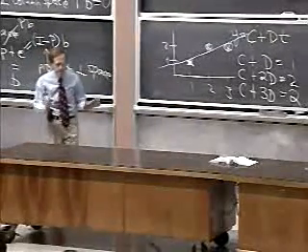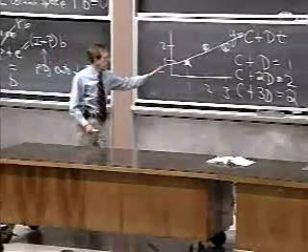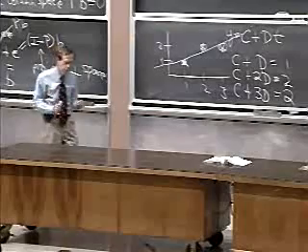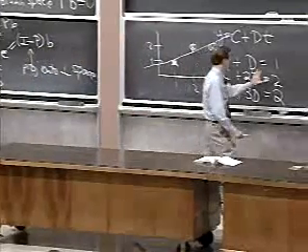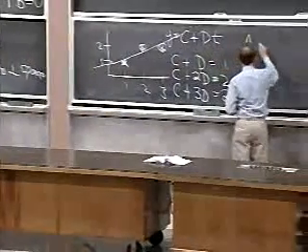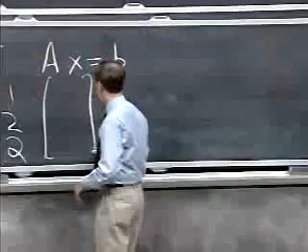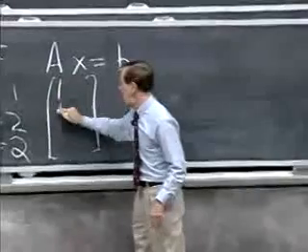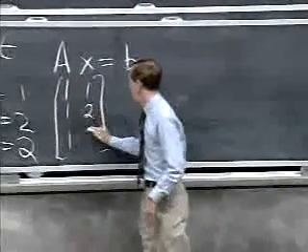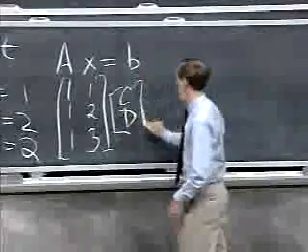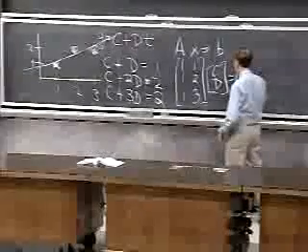And what do I mean by best solution? So let me take time out to remember what I'm talking about for best solution. So this is my equation, AX equals B. A is this matrix, 1, 1, 1, 1, 2, 3. X is, I only have 2 unknowns, C and D. And B is my right-hand side, 1, 2, 2.